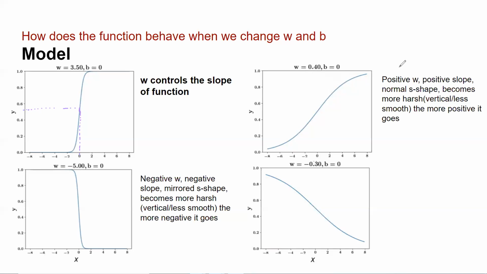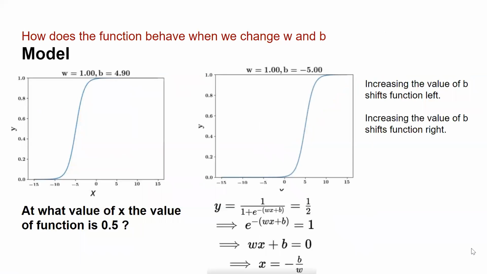Right. Now, what is B controlling when I am changing the value of B, which will come in the other slide. When I'm changing the value of B, you will be able to shift your function, right? So what is happening?